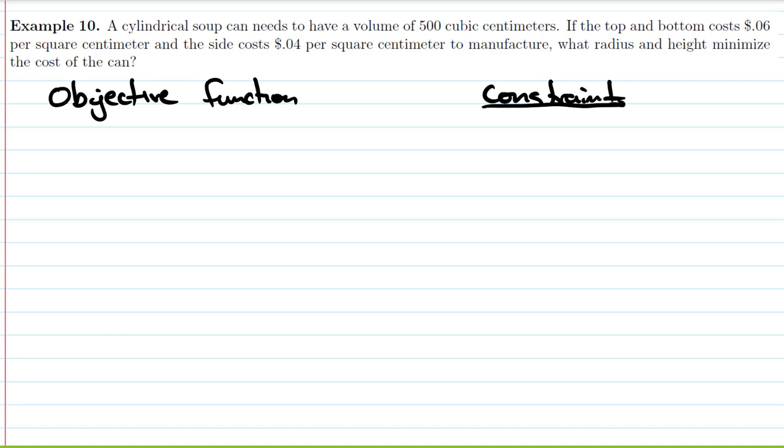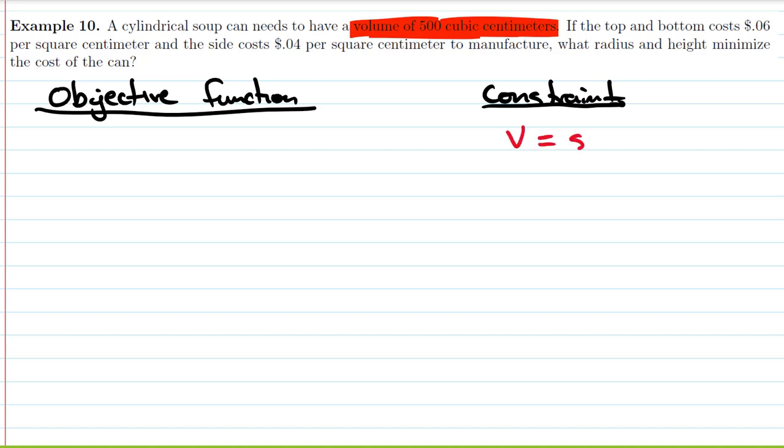So let's start with our constraint. Well, what is our constraint in this case? Well, we need to make a cylindrical soup can, and it needs to have a volume of 500 cubic centimeters. So this is telling us that V needs to equal 500. But what is V? Well, since we have a cylinder, so soup cans look like this.